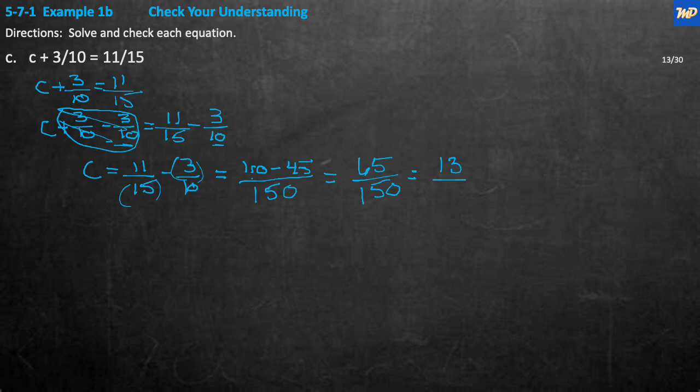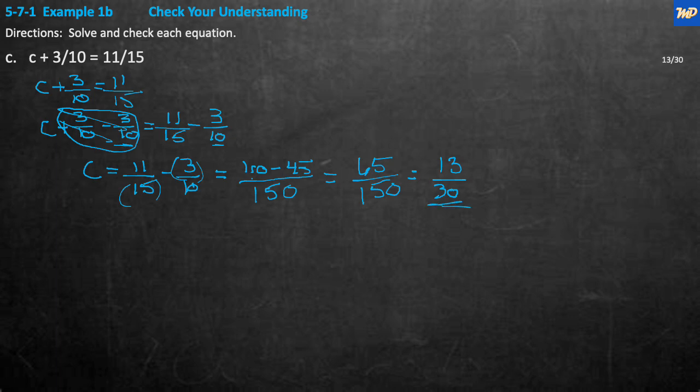All over, since we divided the top by 5, we're going to divide the bottom by 5. And what do we get? 150 divided by 5 is 30. 5 goes in here 30 times. And that is the answer I would contend.